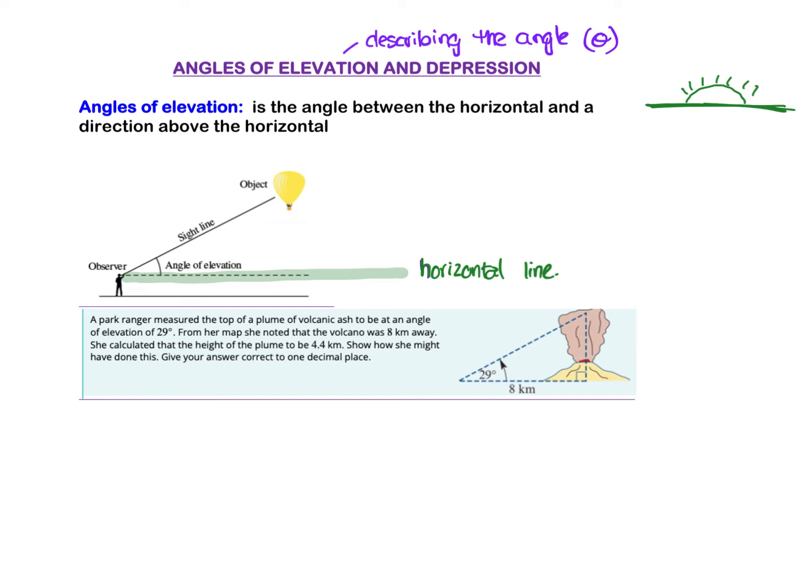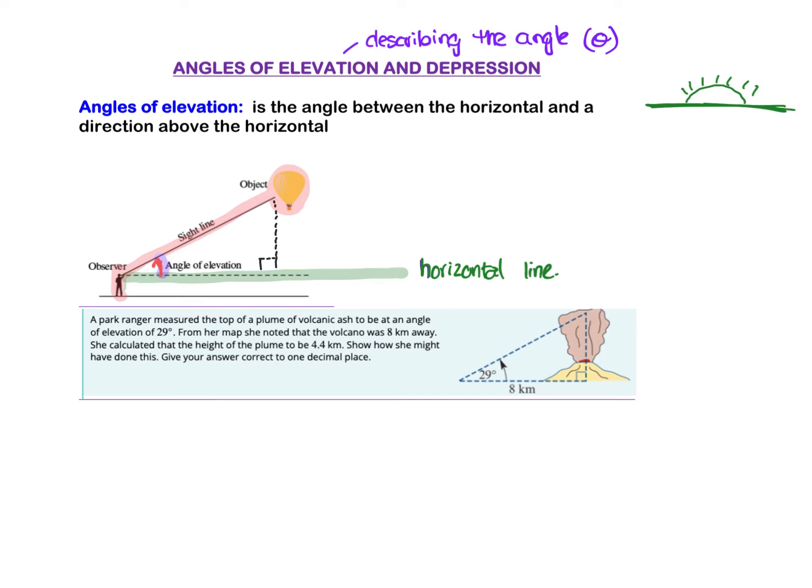Say we have this man here, and he's looking up at the balloon. So his line of sight is like that there. The angle of elevation, you can see, is when you go from the horizontal up to the line of sight. If you look there, can you see we can create a right angle triangle?